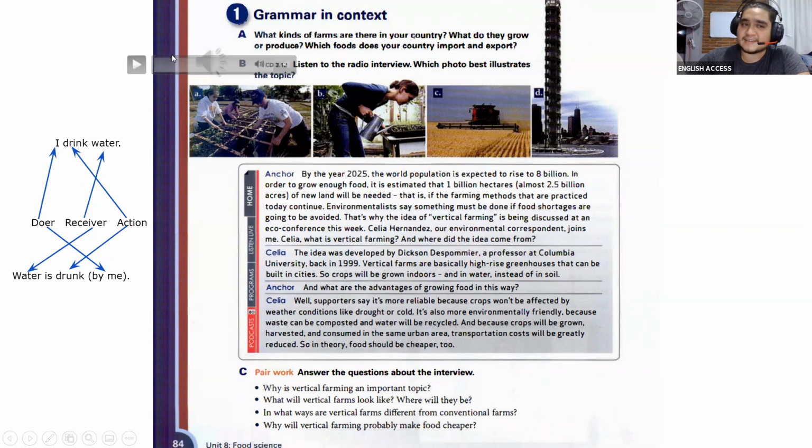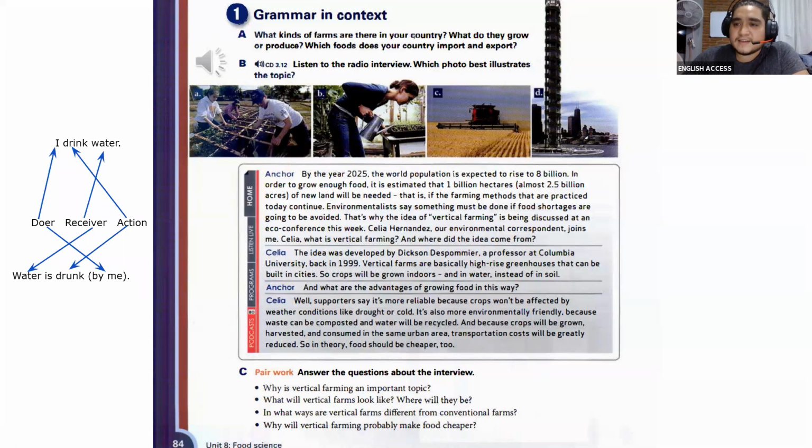I'll take your silence as a yes this time. Page 84, Unit 8, Food Science. Lesson A, Vertical Farming. 1. Grammar in context. B. Listen to the radio interview. Which photo best illustrates the topic?